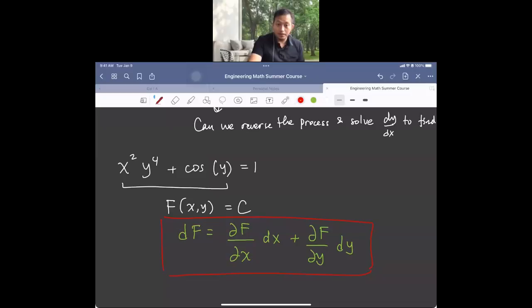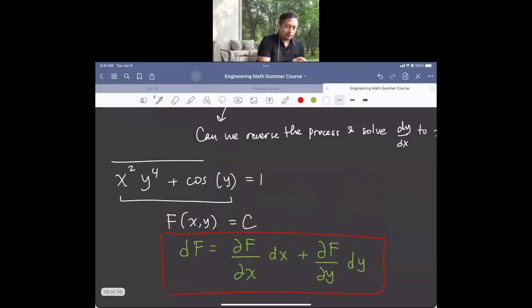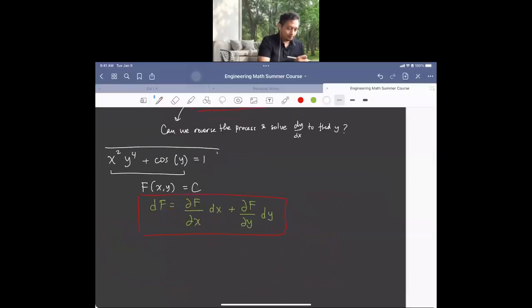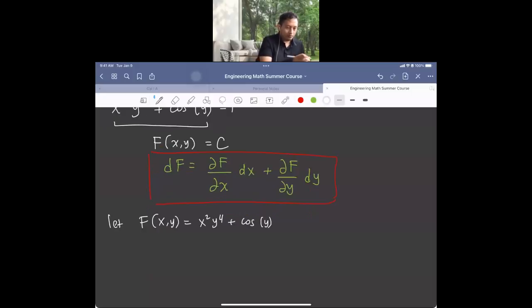Okay, let me just give you the idea first, and then let me give you the relations. Now to solve the original equation here, we first let the big F be x squared y to the 4 plus cosine y.